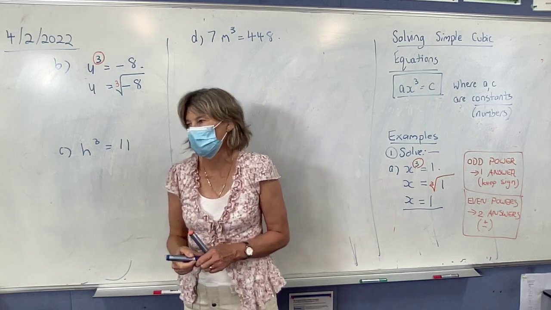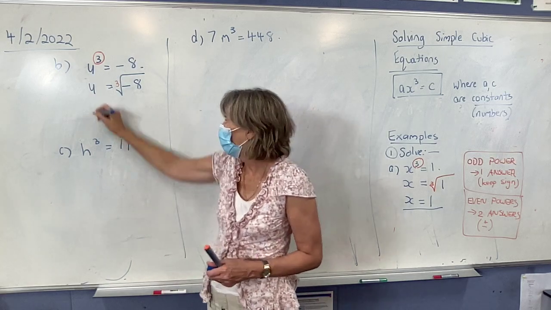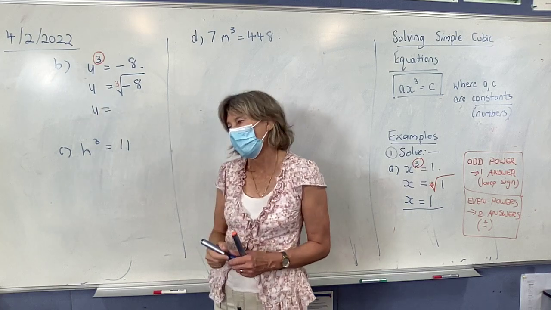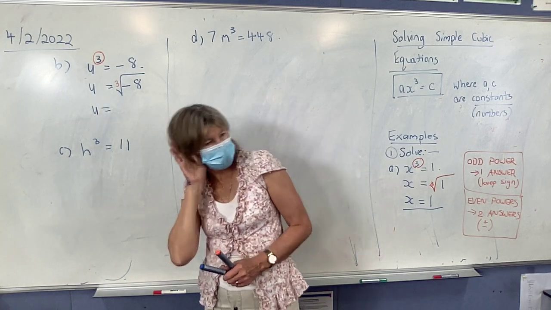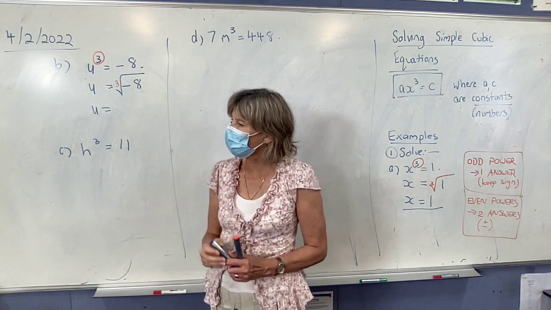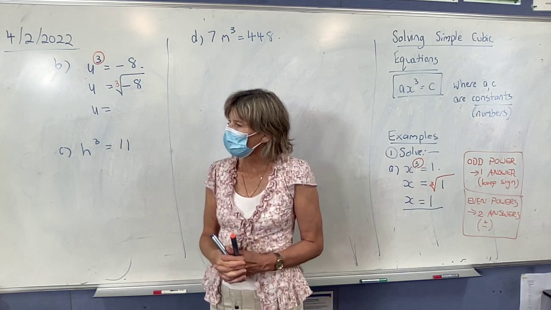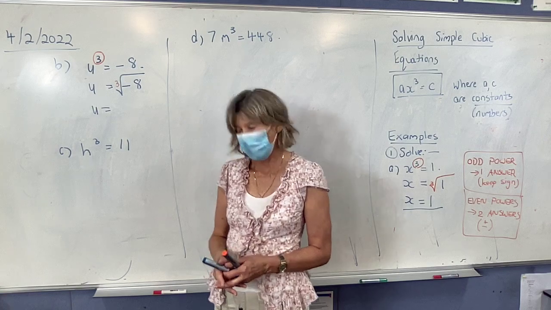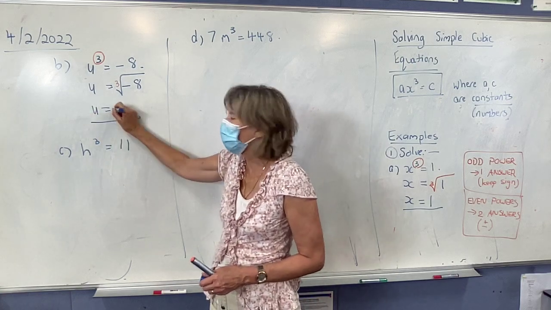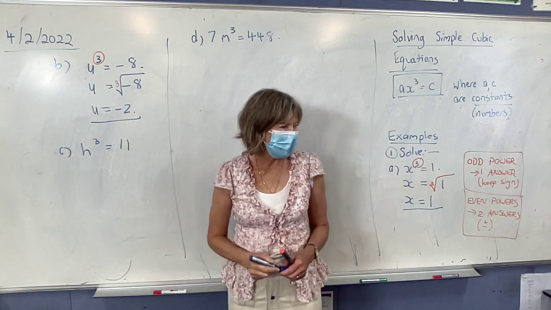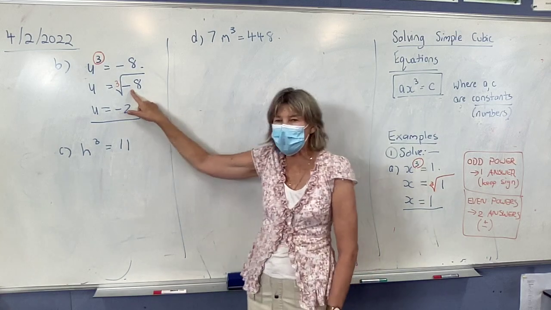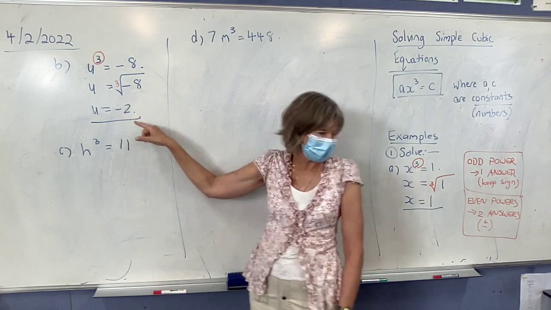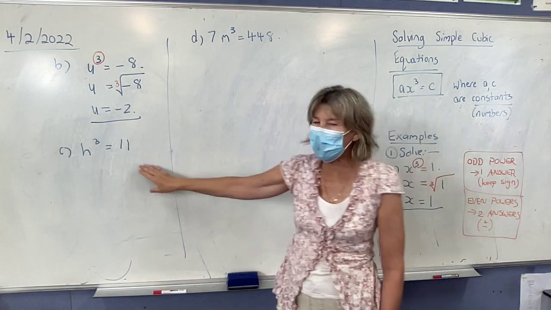What'd you get? 2. What did you put in your calculator to get a 2? 3 all over. Try again. Negative 2. Any questions? So you'll get one answer and it'll be the same sign as what we had here. Negative. Any questions? All right, you're doing this next one.